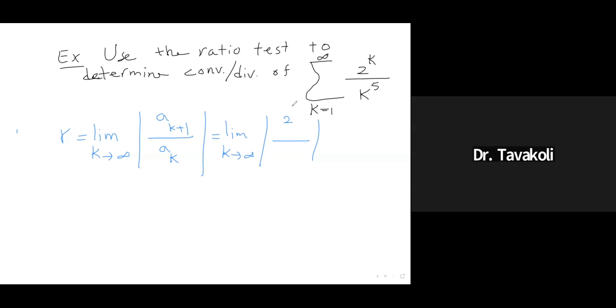So this becomes 2 to the power of k plus 1 over k plus 1 to the power of 5. a_k is 2 to the power of k over k to the power of 5.